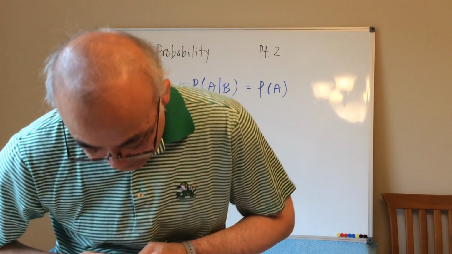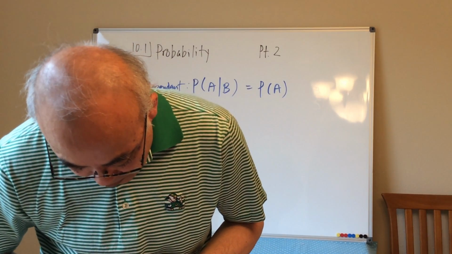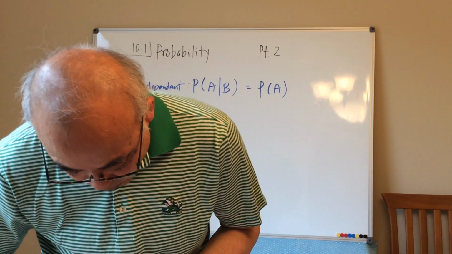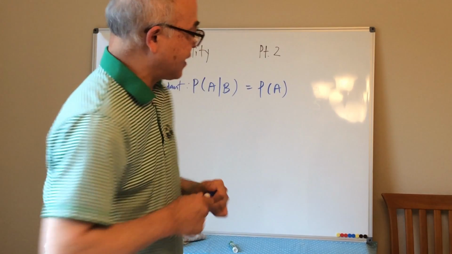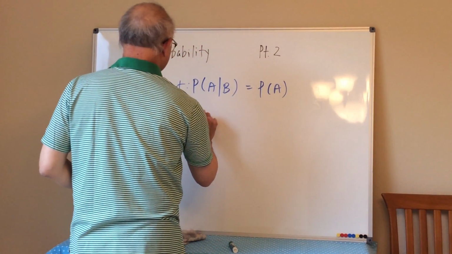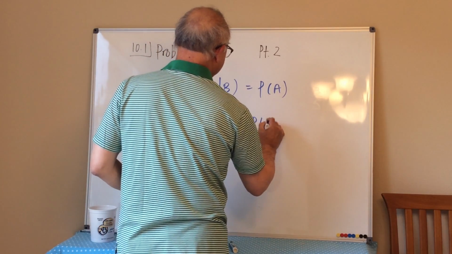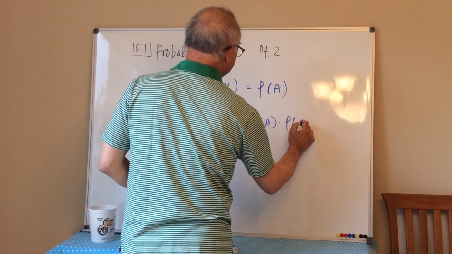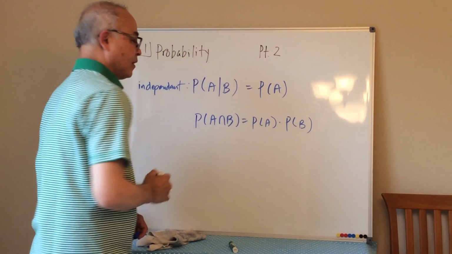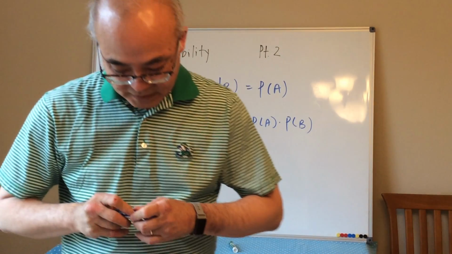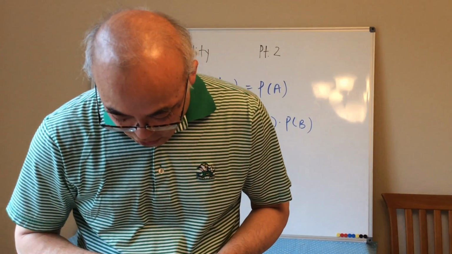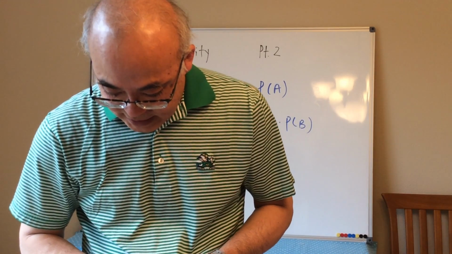Okay? So, therefore, in the independent events, to do P of A and B would be the same as P of A times P of B. So, okay, that's on page 685.